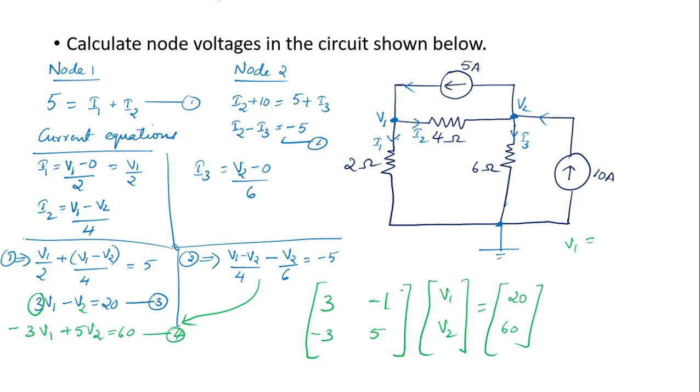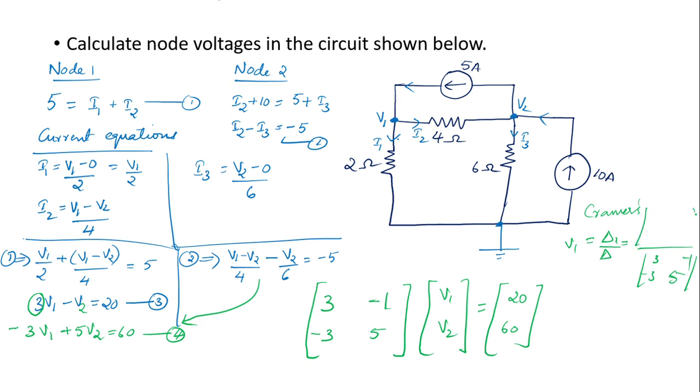So again here we are simply going to use Cramer's rule. I hope all of you are already familiar with Cramer's rule. For finding out V1, you have to find out delta 1 divided by delta. Delta is simply the determinant of this whole matrix, that is 3, minus 1, minus 3 and 5, and delta 1 is simply the determinant of a different matrix.